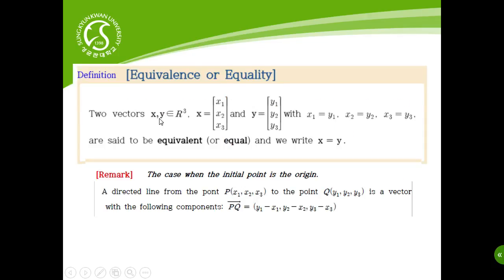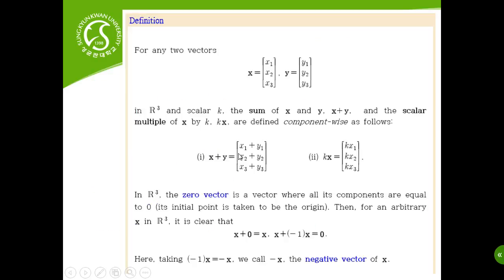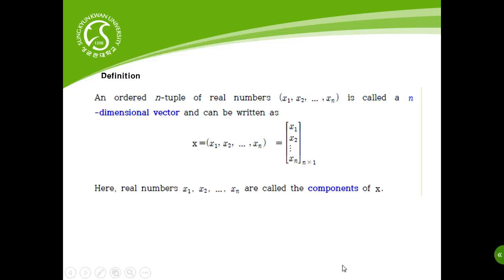And we define the concept of equivalence, which means that two vectors are called the same, or equivalent or equal, if the sizes of the two vectors are the same and each component is equal. Yeah, we can do vector addition and scalar multiplication. And we define a zero vector and the negative vector of a given one.